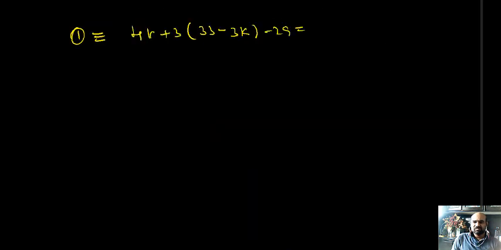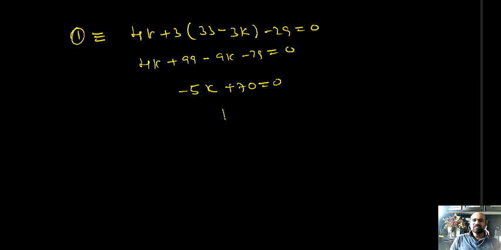Now 4k plus 99 minus 9k minus 29 equal to 0. 4k minus 9k is minus 5k, and 99 minus 29 is plus 70, equal to 0. So k equal to 70 by 5. K equal to 14. We got k equal to 14.